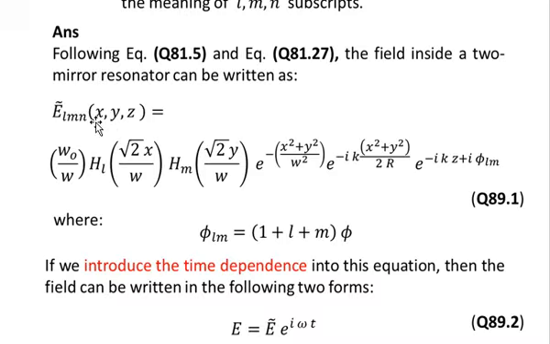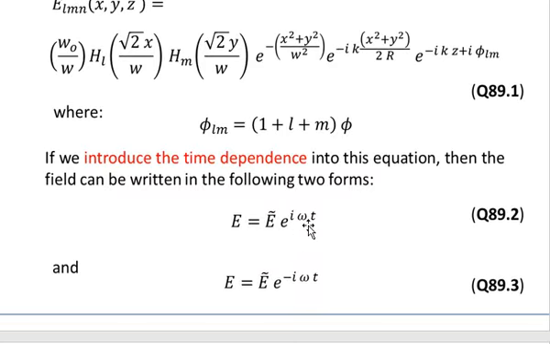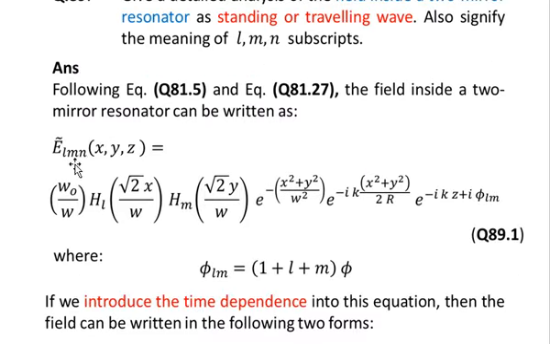So if you want to introduce the time factor, you can multiply it with two possible terms. One is that you can multiply on both sides with e to the power iota omega t or e to the power minus iota omega t. So in equation number 2, you are writing on the right hand side E prime. This E prime is the same as E prime LMN of XYZ.